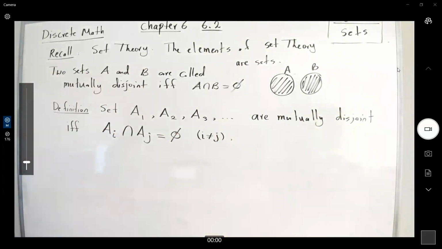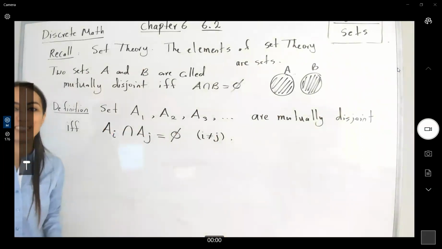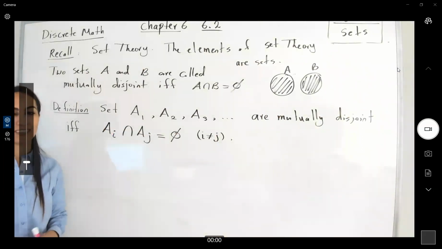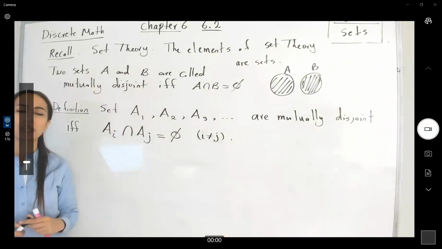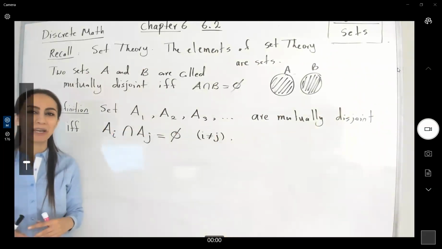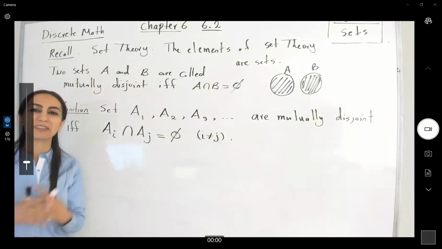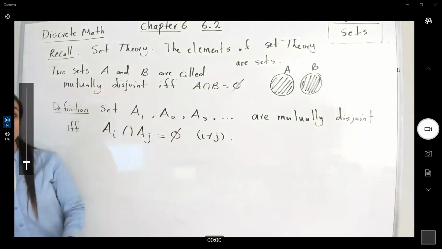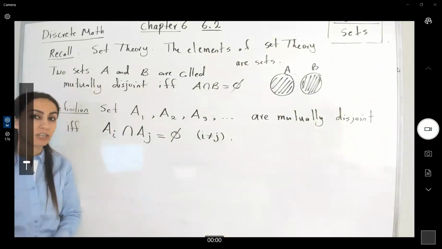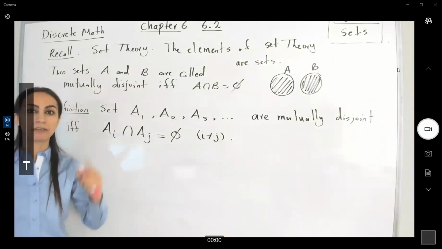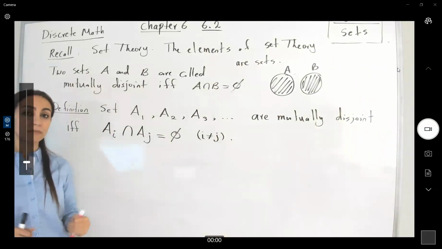So now it helps us to define a partition for a set. Remember, we talked about the quotient remainder theorem. We talked about the division by 2, by 3, by 4, by 5, and so on, and we get different remainders.